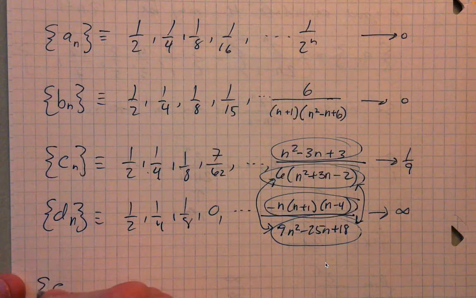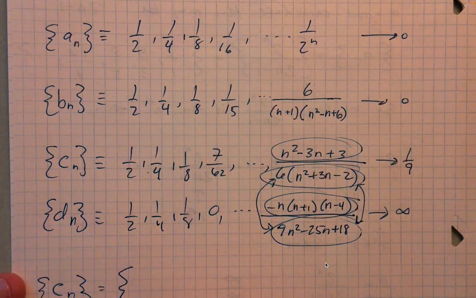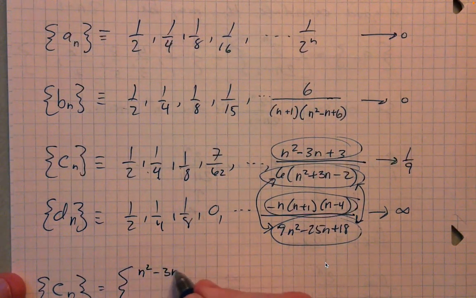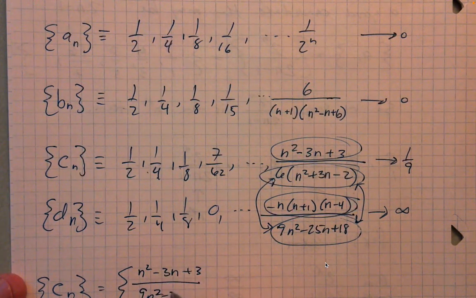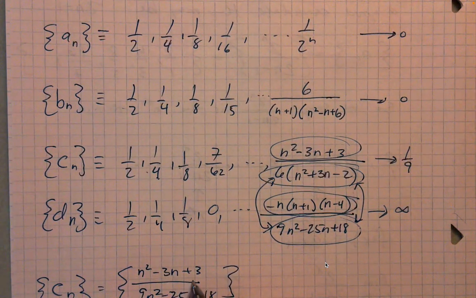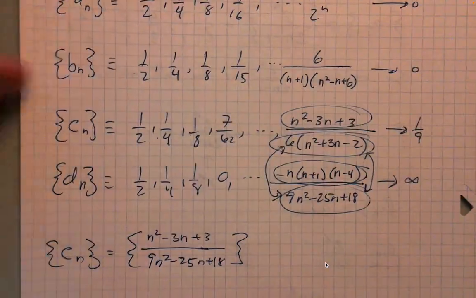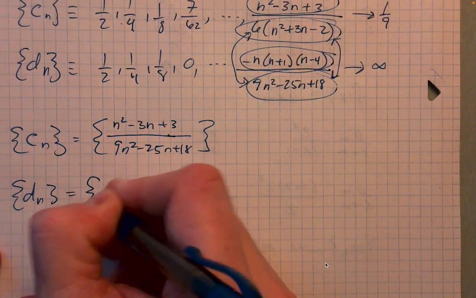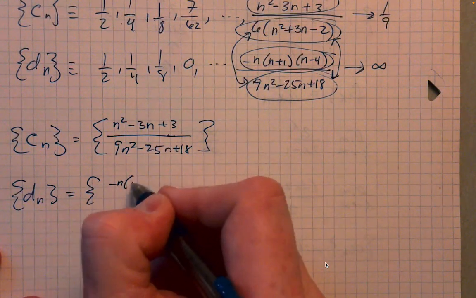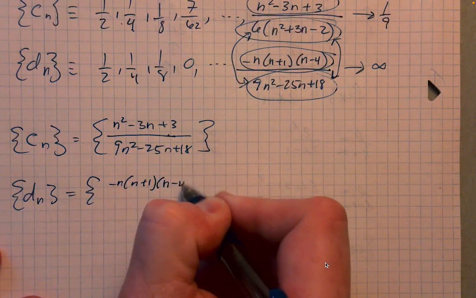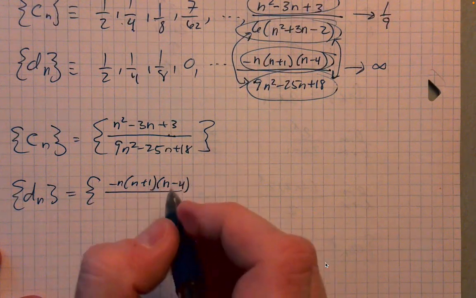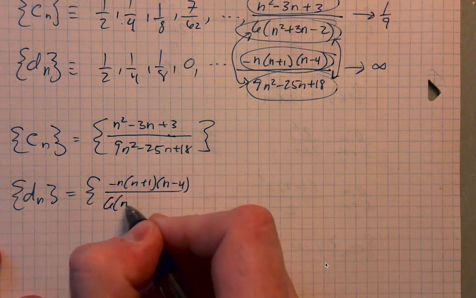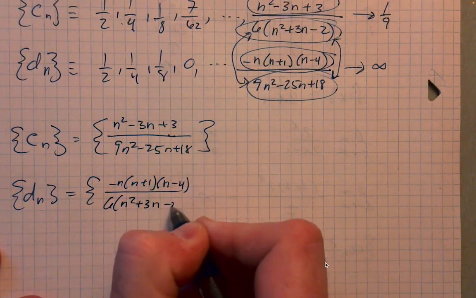So c of n is n squared minus 3n plus 3 over 9n squared minus 25n plus 18. That's a complicated nth term. And d of n is negative n times n plus 1 times n minus 4 all over 6 times n squared plus 3n minus 2.